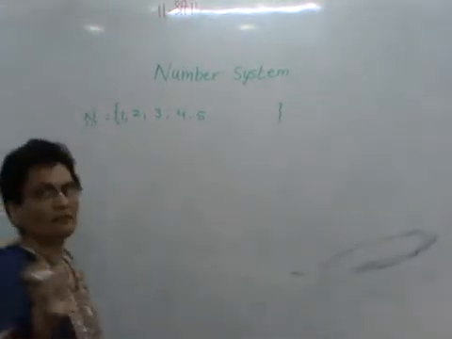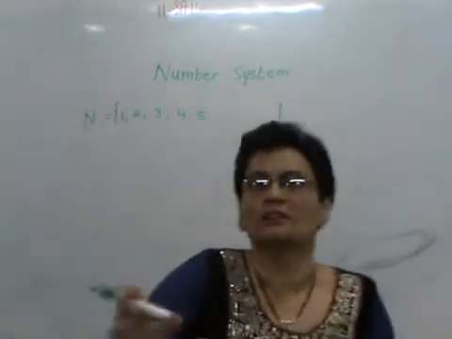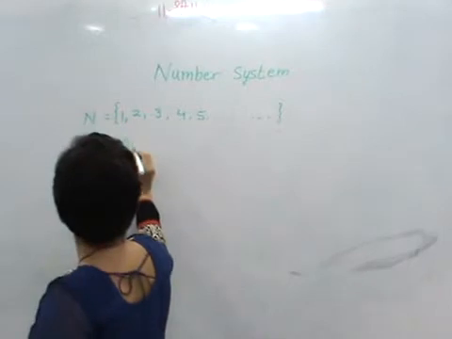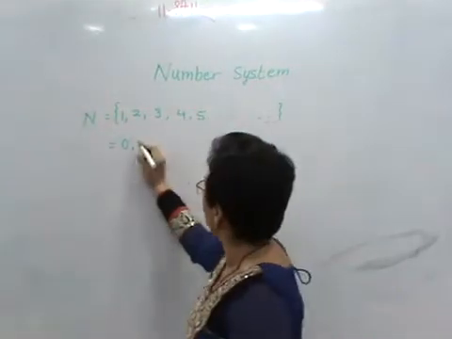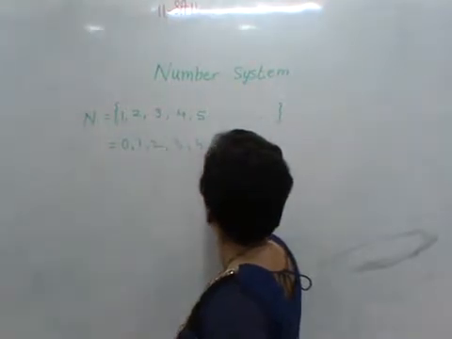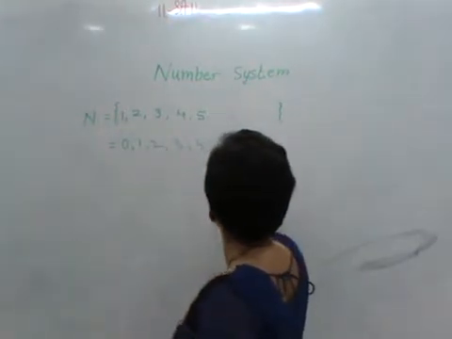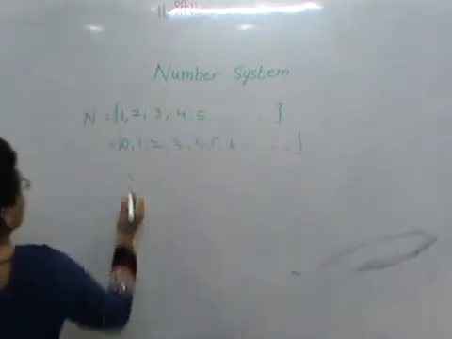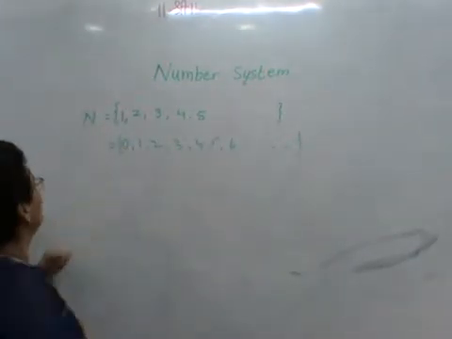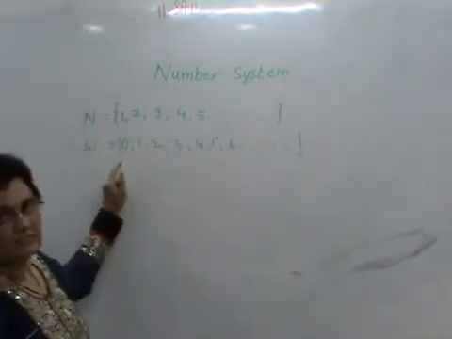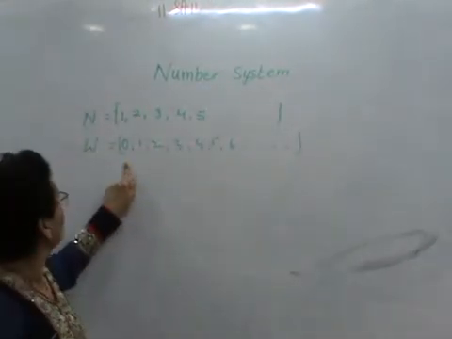If you add the most important number, that is 0, in it, naturally that becomes another set. It becomes 0, 1, 2, 3, 4, 5, 6 until infinity. So this becomes another set and this is called W, whole numbers, whole, because it starts from 0.